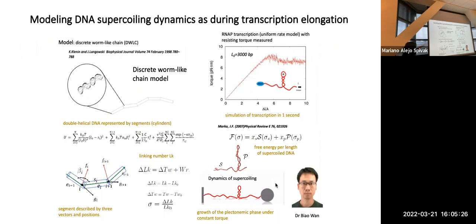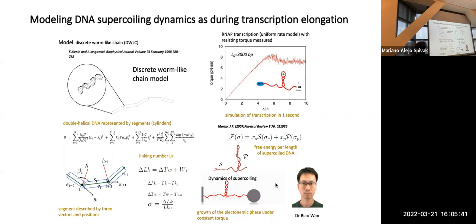But later on, we had a postdoc trying to do physical modeling of the supercoiling dynamics during transcription elongation, but he found it very difficult. So we just focused on supercoiling.